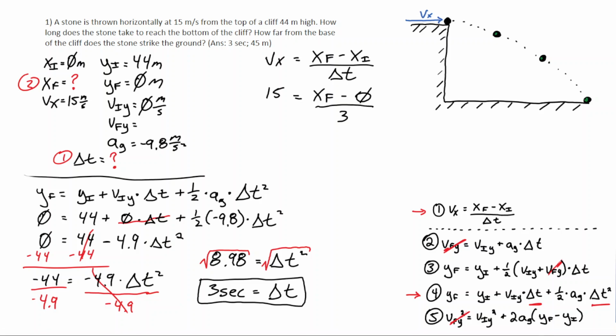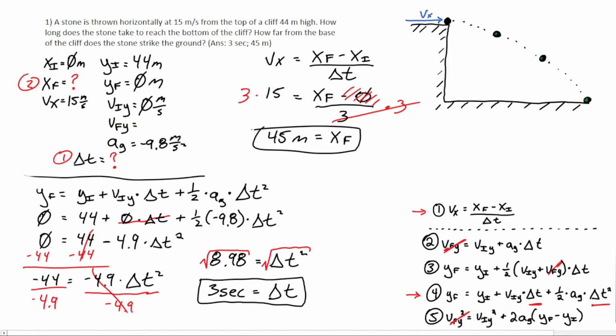And we have this subtraction of 0, which gives us no value whatsoever. So we could just look at it as xf divided by 3. How do we get rid of a division of 3? Multiply by 3 on both sides of the equation. These two will cancel each other out, leaving us with xf is equal to 3 times 15, which is equal to 45 meters. And that's it for this problem.